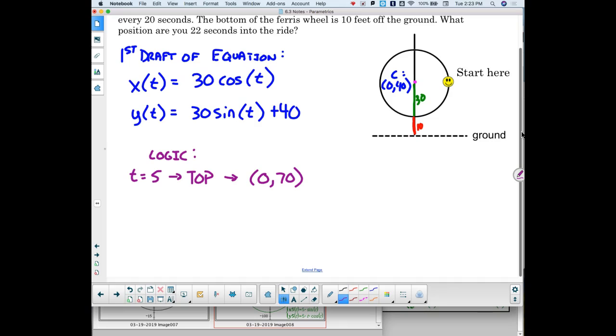Okay? Using some more logic. At t equals 10, where are we? What position is that? Wolfe? Left side? Left side. Okay?